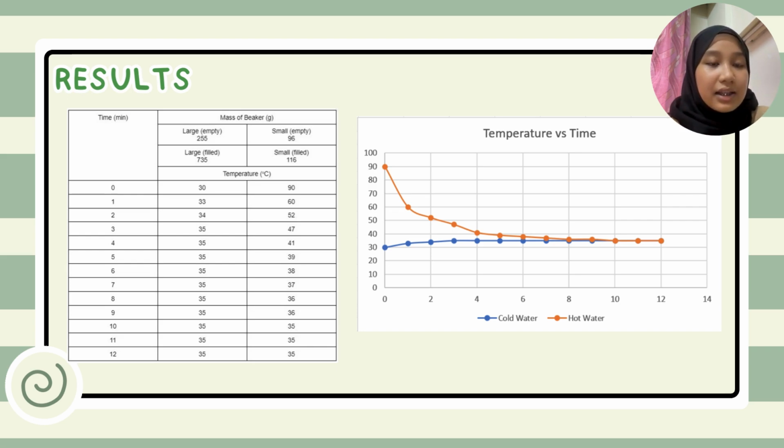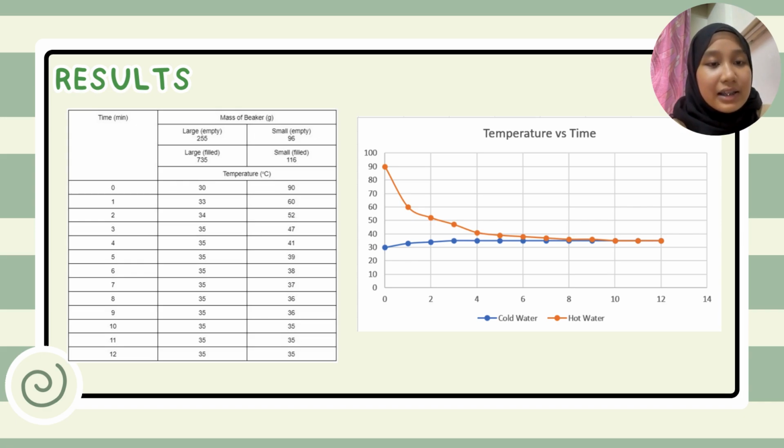So basically, the temperature that we start, the temperature for the cold water is 30 degree, while the hot water is 90 degree. And then the constant temperature for both water is 35 degree, that starts at minute 10.